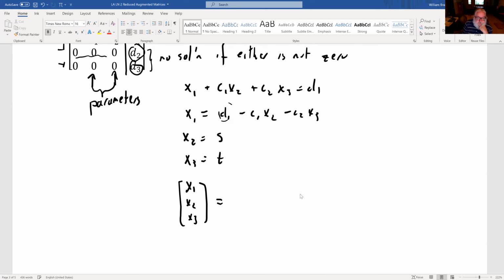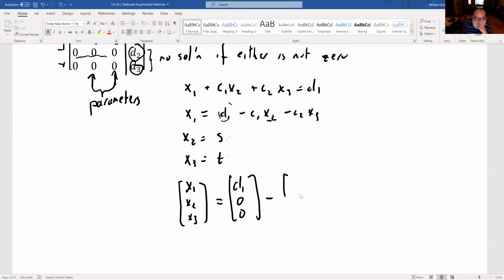equals the constant term, which is d1, and then no constant terms for x2 or x3, minus the first parameter. So x2 we're calling s.